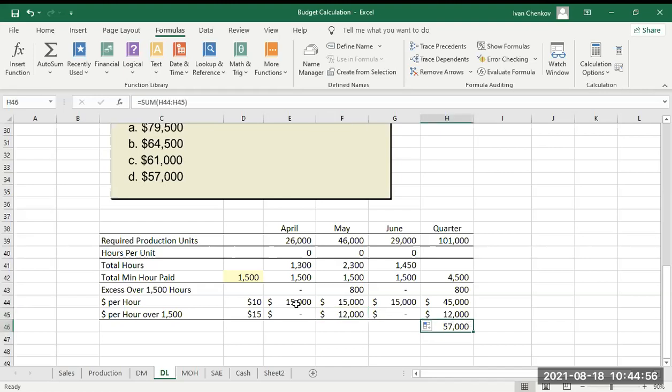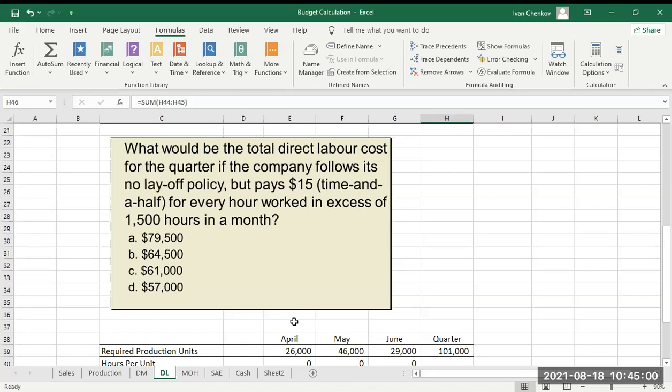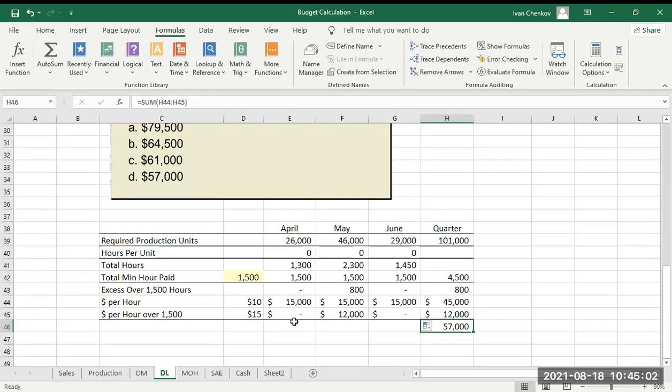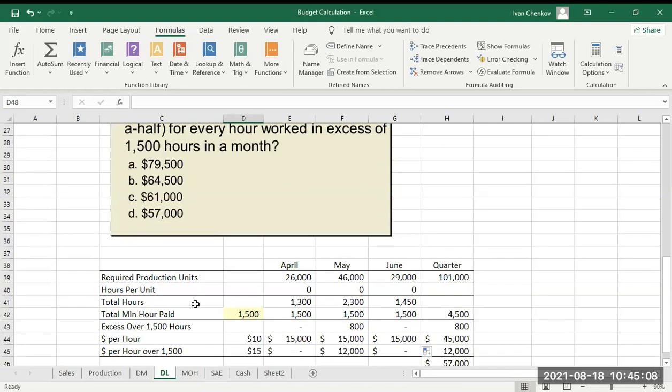So how much am I going to pay in total? What will be our answer here? 57,000. Let's go back to the slides and see if that's actually true.